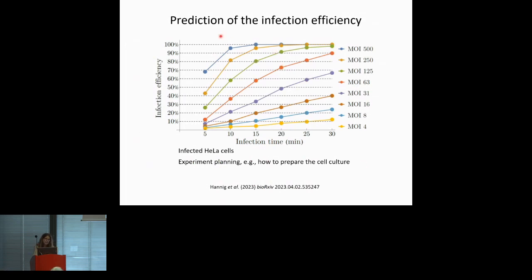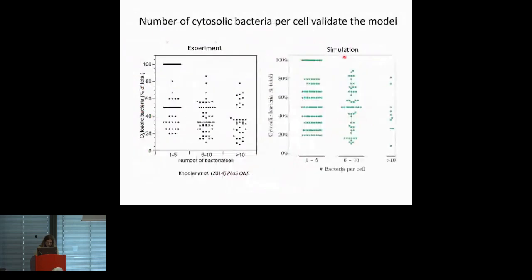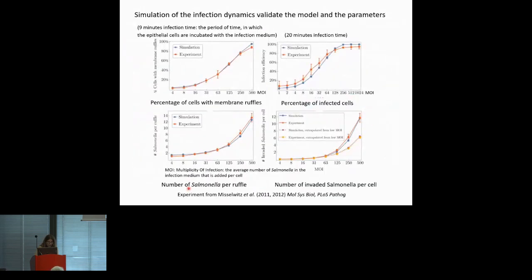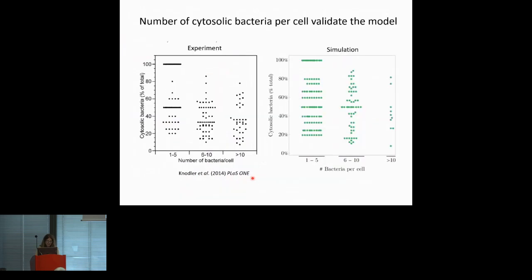experimentally working scientists, is a prediction of the infection efficiency. So here we have the infection efficiency in percentage. Here we have the infection time. And here we have the MOI, so I forgot to introduce it. That is the multiplicity of infection, meaning the average number of salmonella in the infection medium that is added.